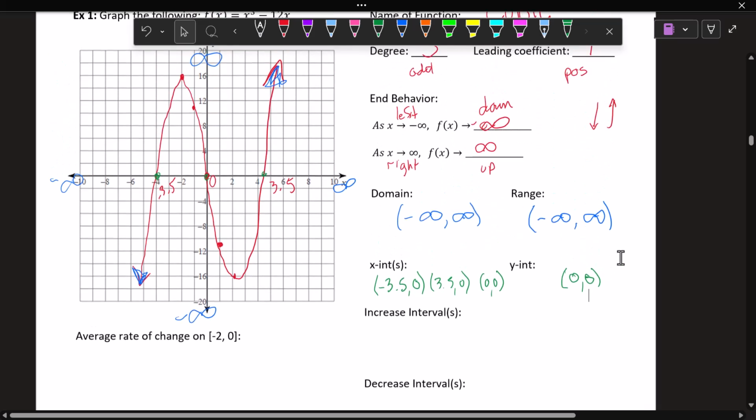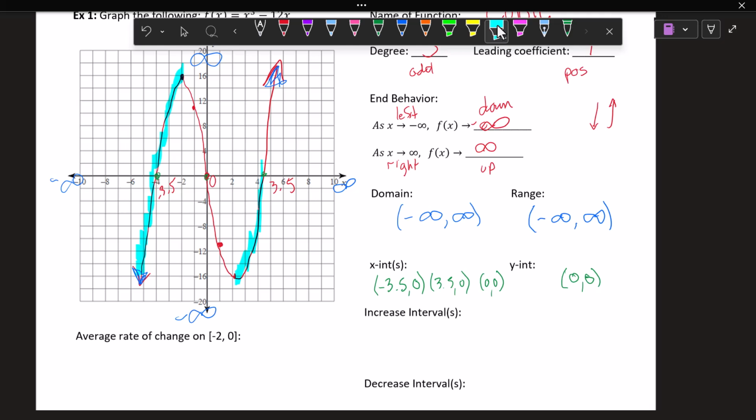All right, interval of increase. So we're increasing, then we're increasing again here. We have 2 parts where we're increasing. First one starts at negative infinity, it's all the way to the left, and it stops right at the top here at -2.